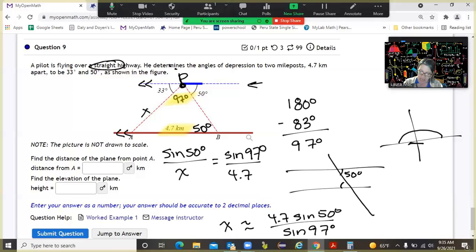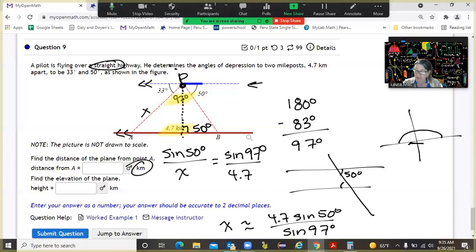So that's going to give us x, and keep in mind that is in kilometers. So if this were on your own paper, don't forget to label that. And then it also wants the elevation of the plane. So that is actually going to be the height straight down like this. And that is a 90-degree angle.